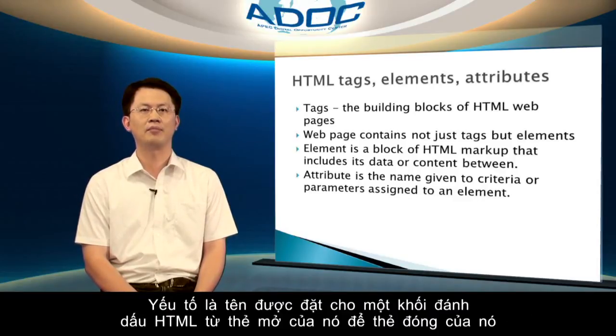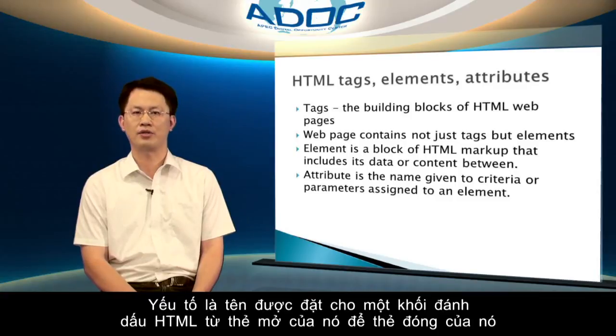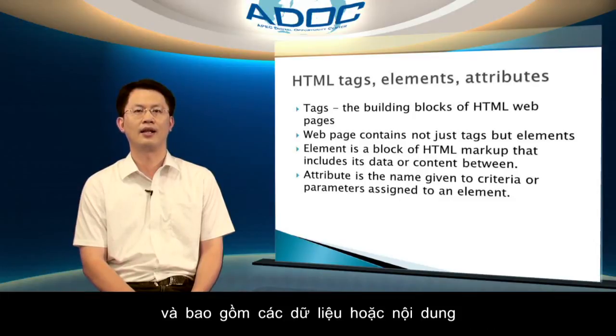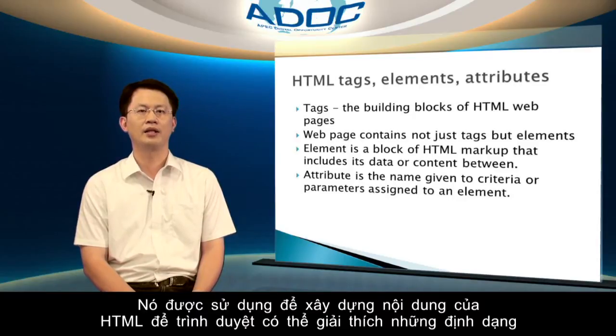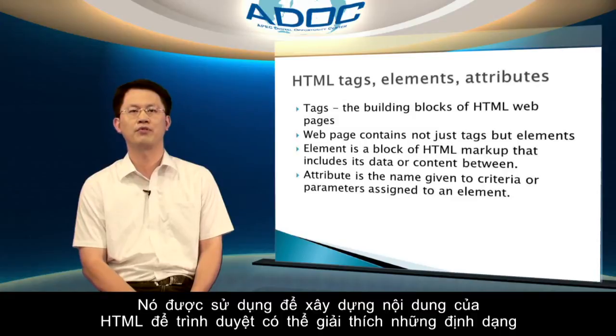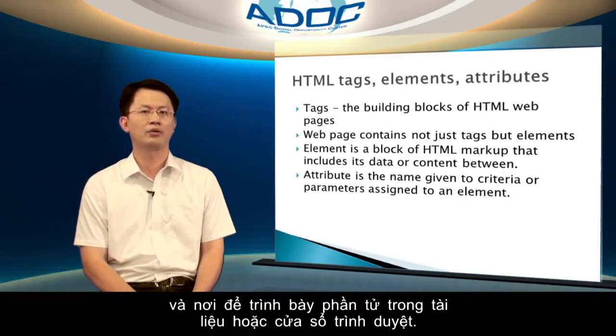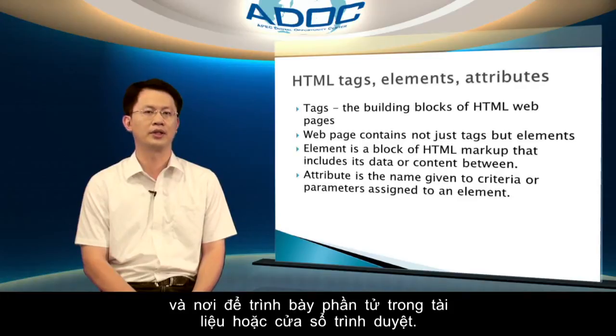Elements is the name given to a block of HTML markup from its opening tag to its closing tag, and that includes its data or contents between. It is used to construct and content blocks of HTML, so the browsers can interpret which format and where to present the elements in the document or the browser window.